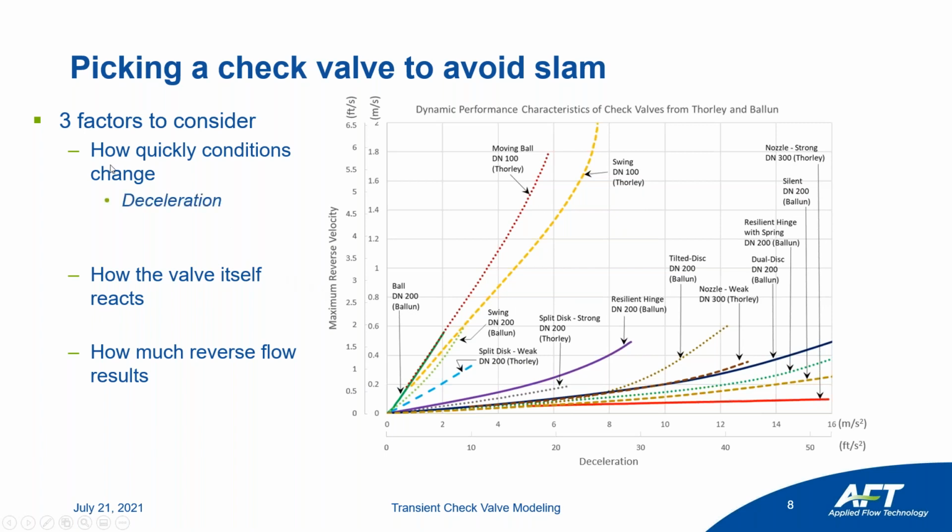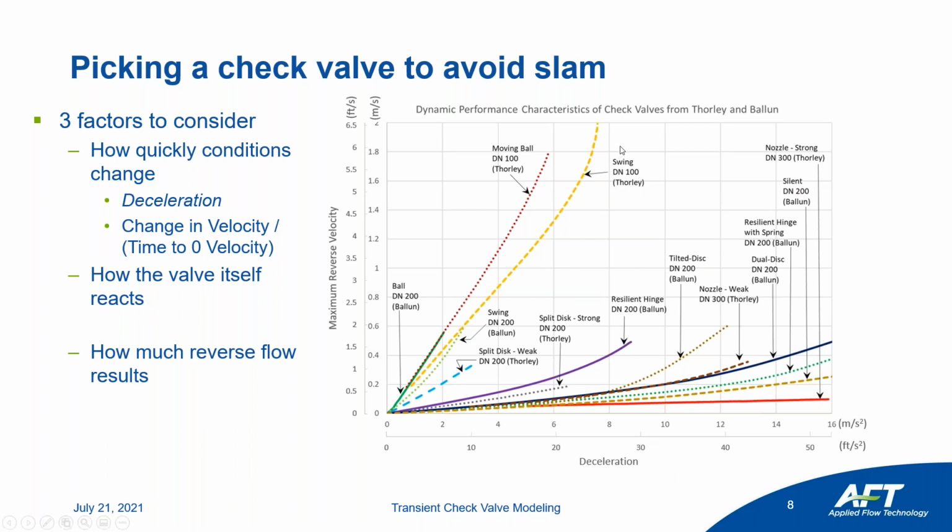The first component is how quickly conditions are changing, or that deceleration piece. We can think of deceleration as the change in velocity that we're seeing and the time it takes to go from that non-zero velocity to zero. So on the x-axis, we have deceleration. The more aggressive that we're changing flow, the harder it's going to be for the check valve to react quickly, right?